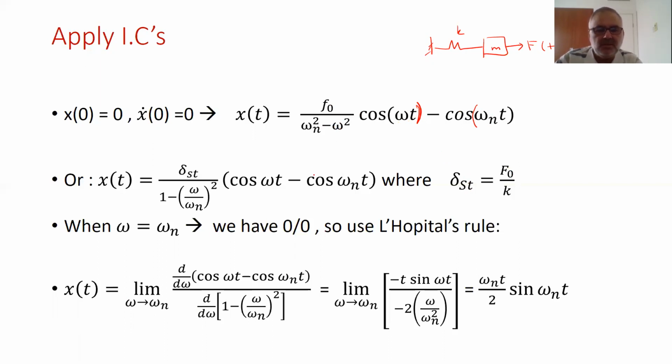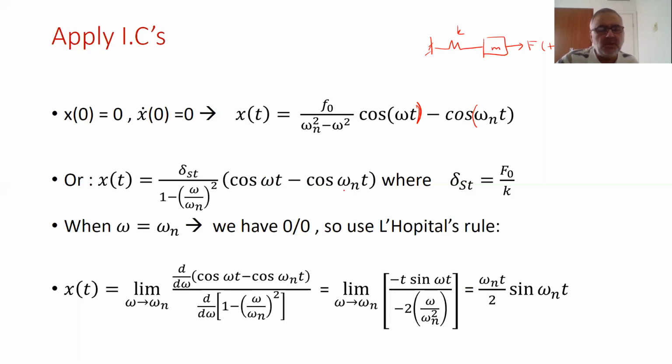And then we can write our x of t in the following form. Now, this is a function which is a sum of two cosines, cosine omega t, forcing frequency, and cosine omega n t, natural frequency.